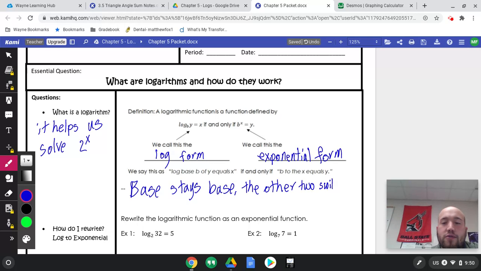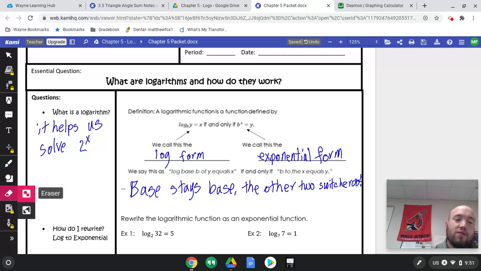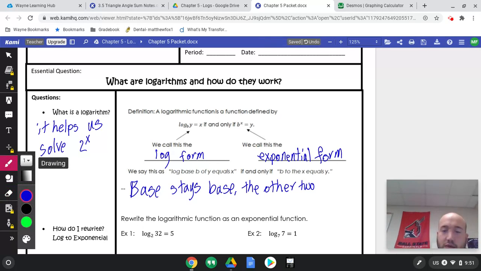Yes, switcheroo is kind of a made-up word, so I put two O's on it. Base stays base, the other two switcheroo. I did not write switcheroo very well, so let me rewrite it. It's hard enough to figure out a made-up word when it's crammed like that. So the other two switcheroo.